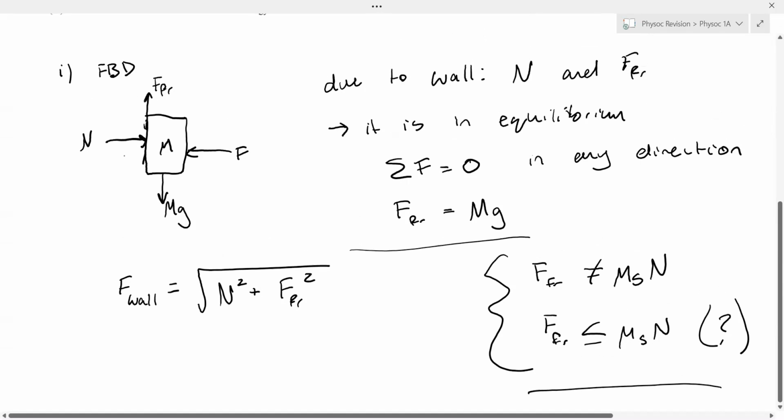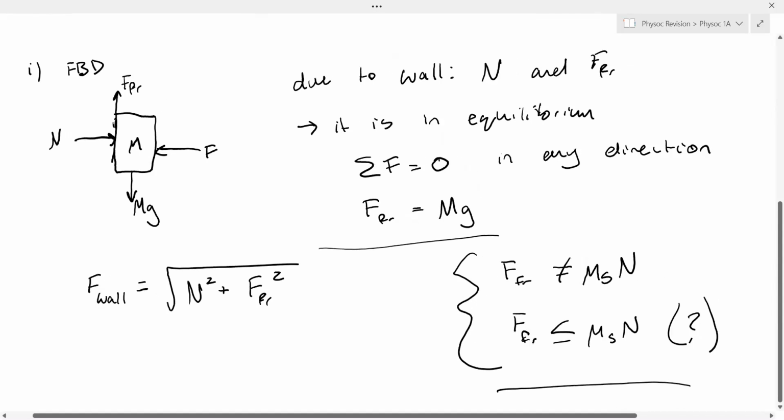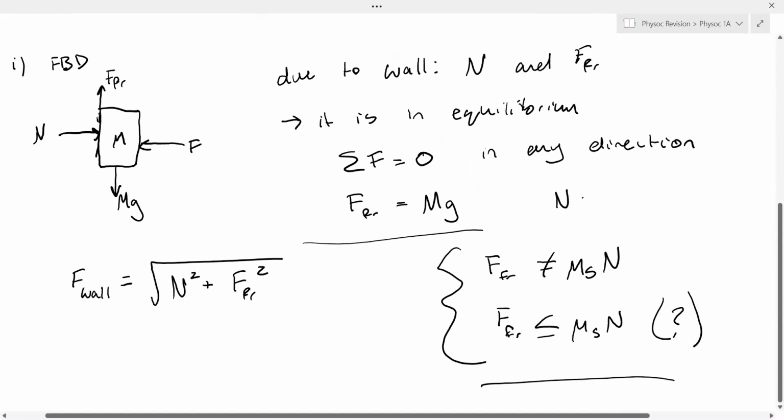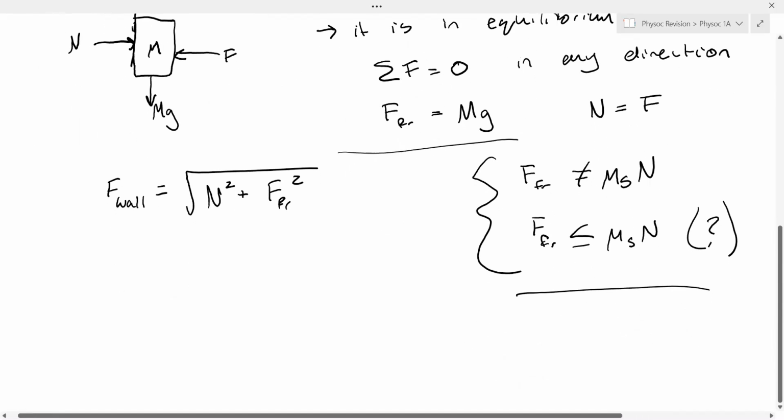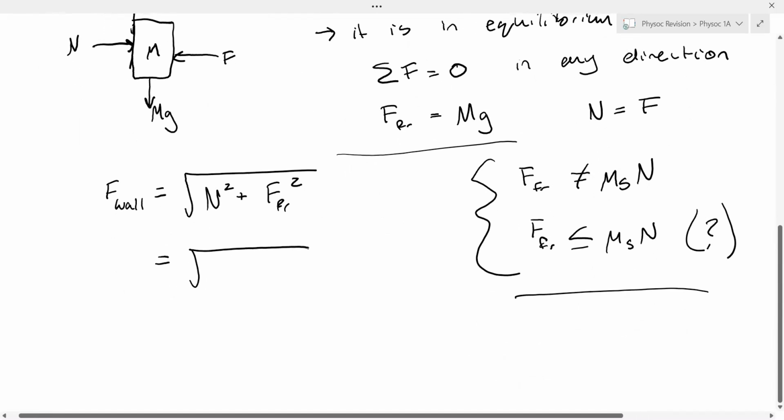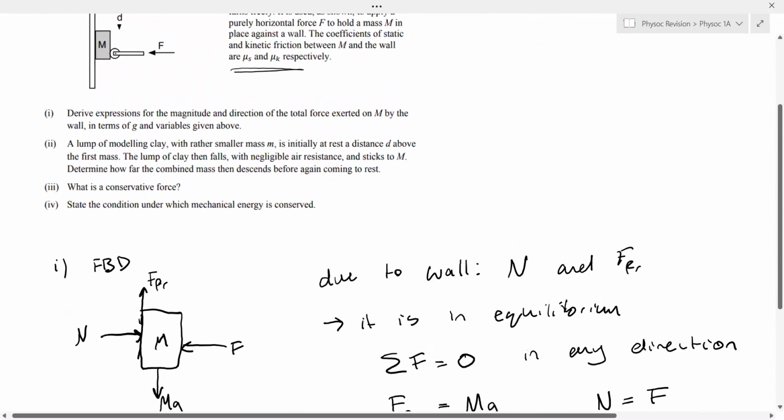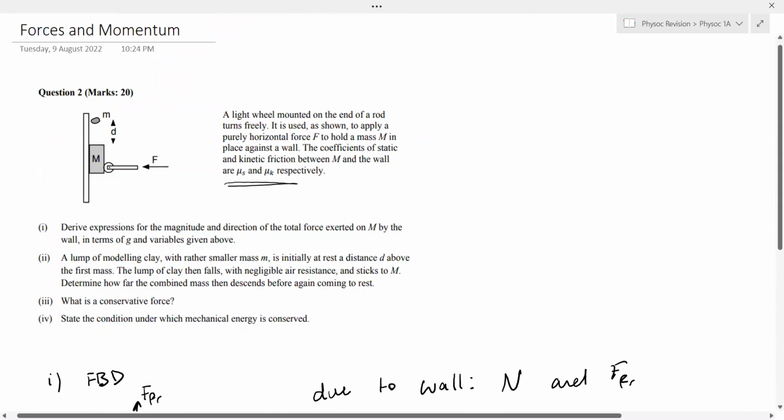Of course, using our sum of forces in the horizontal direction, we also see that our normal force is equal to F, the applied force. So this is going to give us F squared plus mg squared. And this is pretty much as simple as we can get it in terms of the variables given in the question.